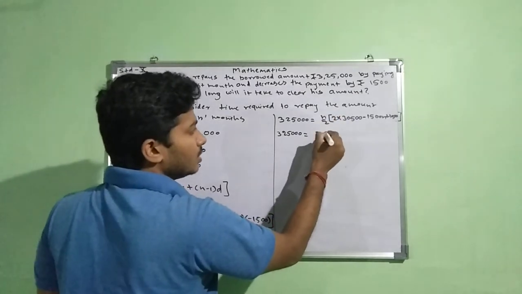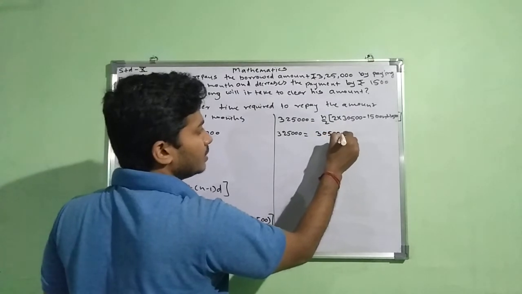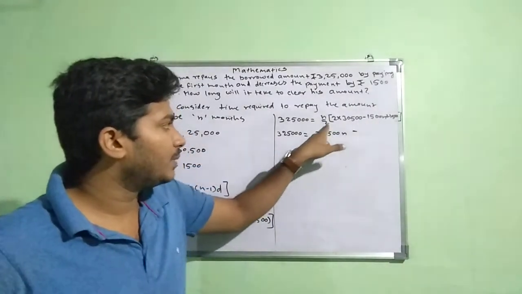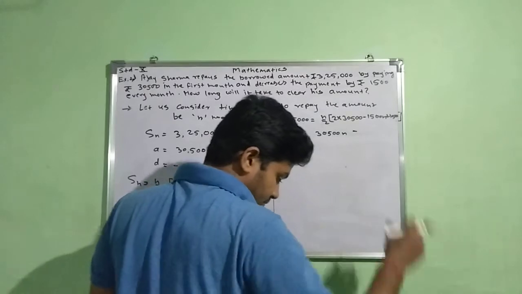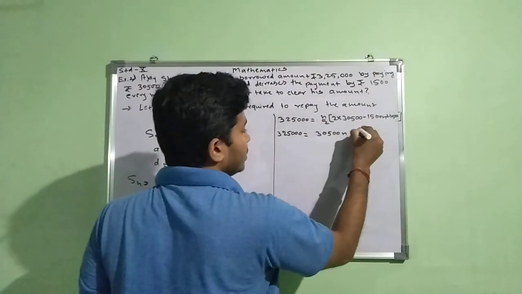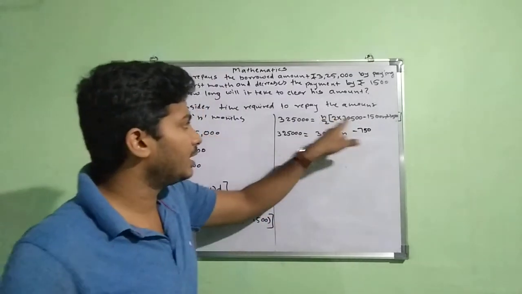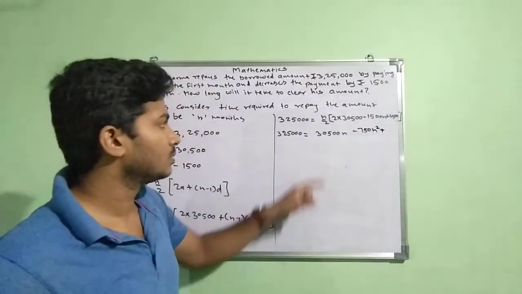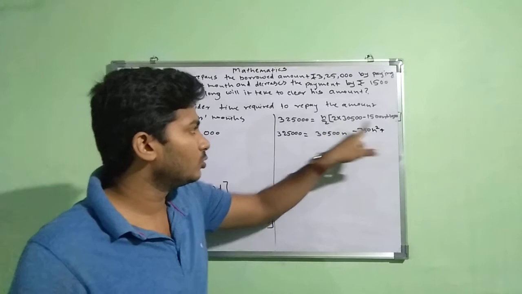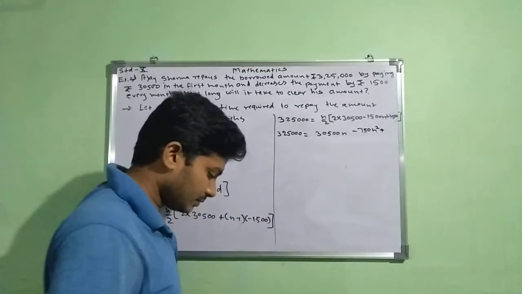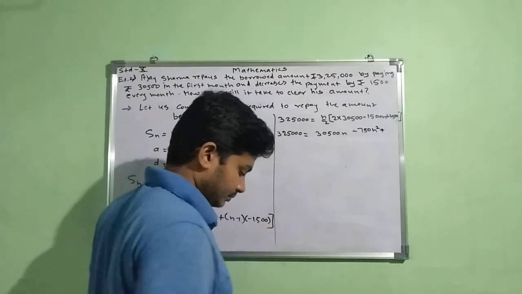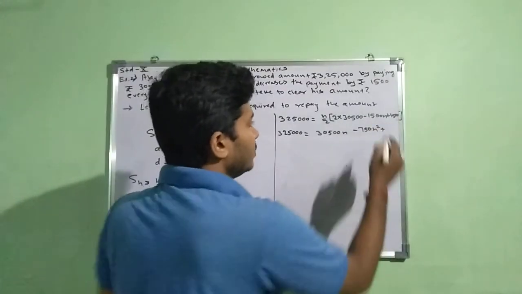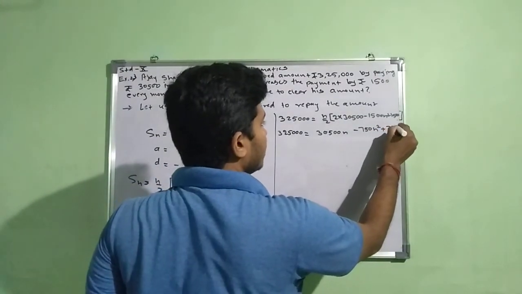So we will get 30,500 and minus 1,500 divided by 2 will be 750, and because of n and n multiplication we will get n square, plus that n by 2 multiplication plus 1,500. And the multiplication of n by 2 with that last term will be again 750n.